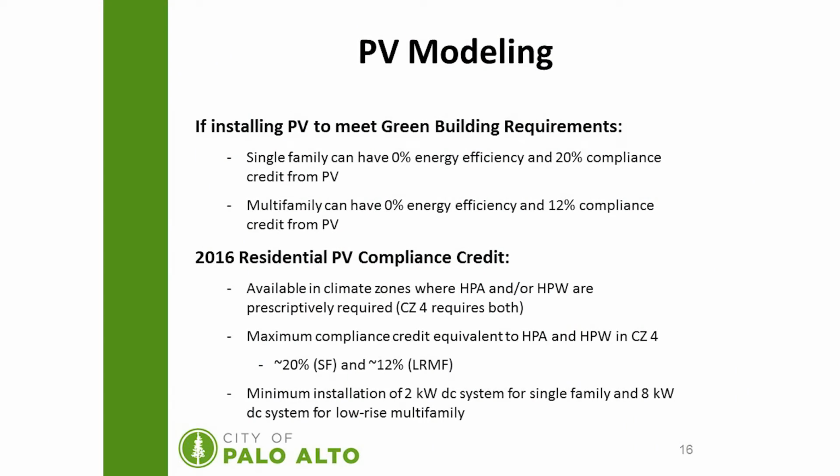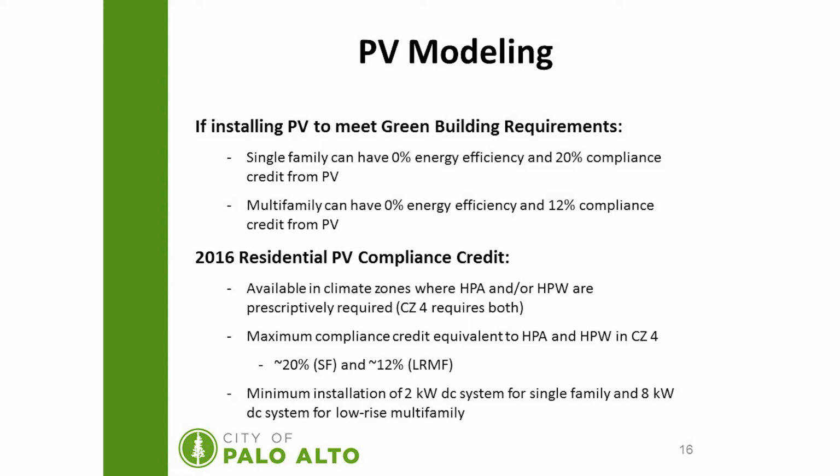How this compliance credit is calculated is that the CEC is allowing in 2016 Title 24 for projects in certain climate zones to take compliance credit for installing PV systems. The credit is calculated as being equivalent to the TDV kBTU value of high-performance attics and/or high-performance walls, where they are prescriptively required.